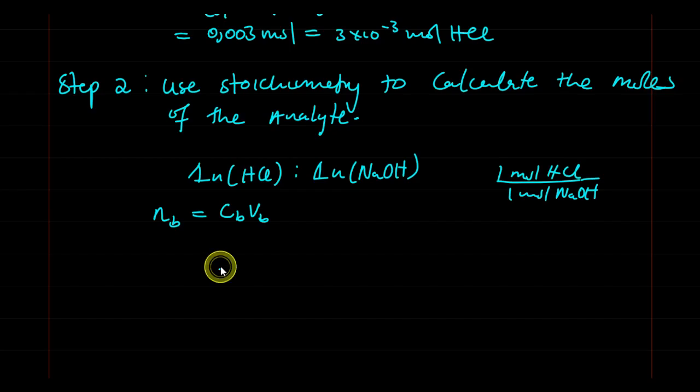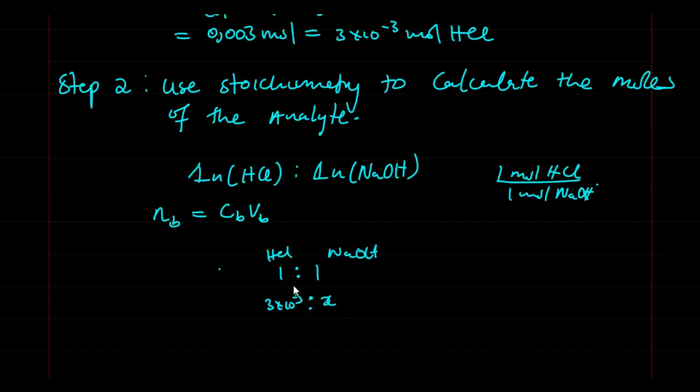Now I'm going to write the ratio there. So 1:1. On the HCl I'm going to write 3 times 10 exponent -3, and here I'm going to write x.